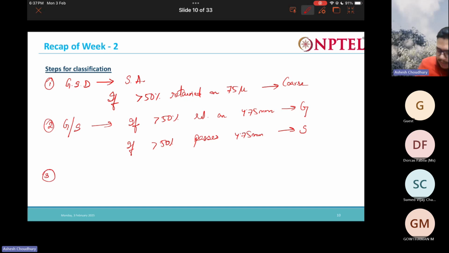Now the soil is coarse, we decided, so the prefix can be G or S. Now we have to decide the suffix. If the fine fraction in this coarse soil is less than 5%, what are the possible suffixes?